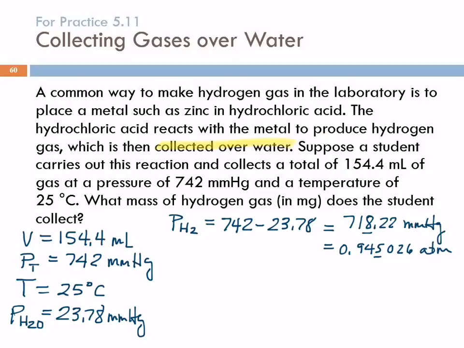My volume is going to be 0.1544 liters, and the temperature is going to be 298.15 Kelvin. We've done those conversions a zillion times now. Number of moles is PV over RT.